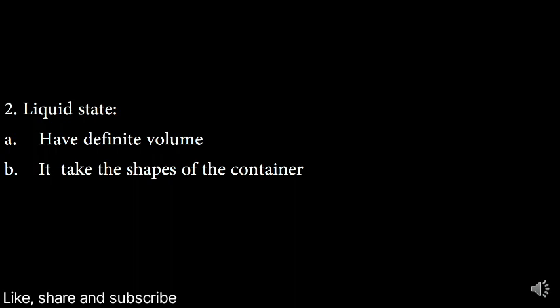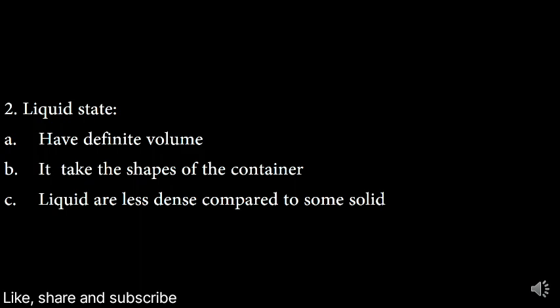So let's assume in an exam or test, you're asked to state a difference between solid and liquid state of matter. Number 1, solid state of matter has a definite shape. Liquid state of matter does not have a definite shape, or it takes the shape of the container. Liquids are less dense compared to some solids. Please don't forget that it is some, not all solids.